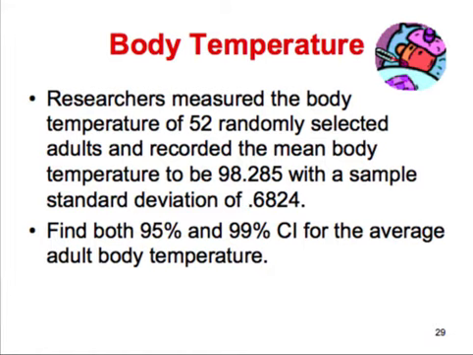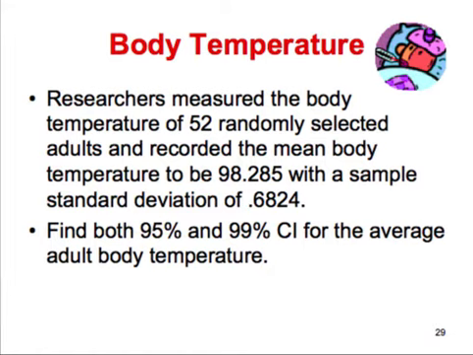For our next example, we would like to estimate the true mean body temperature of healthy adults. I've always been told it's 98.6, but is that accurate, and could we collect some data to see if it is?